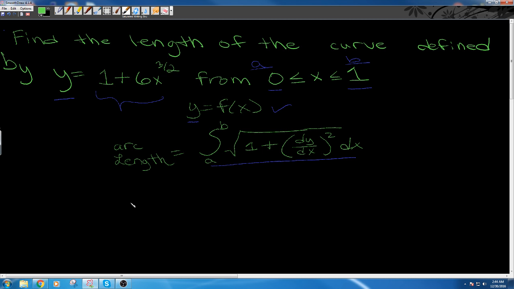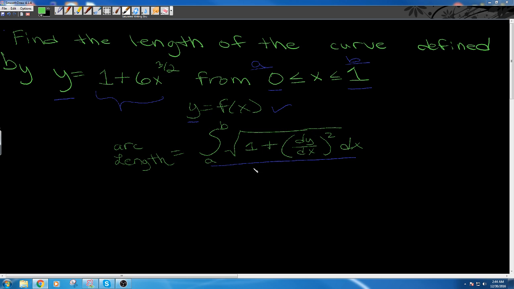The first thing we need is dy over dx, which is the same thing as saying differentiate y with respect to x. So essentially we're going to take y prime.